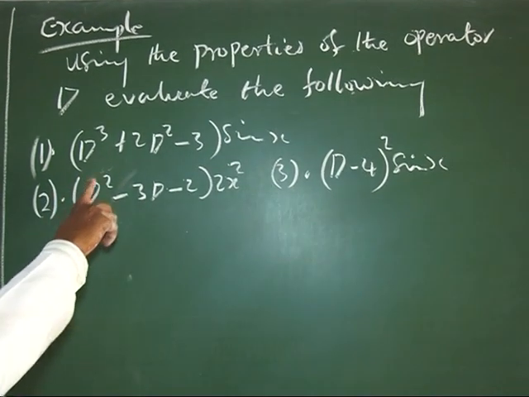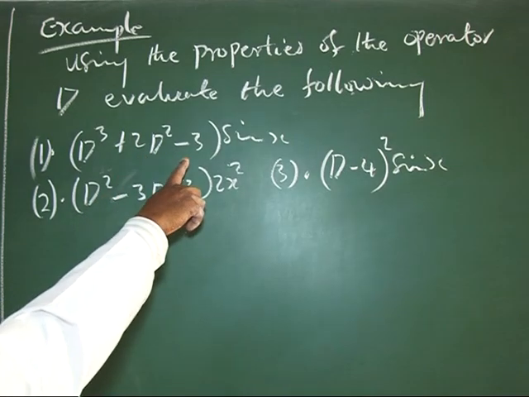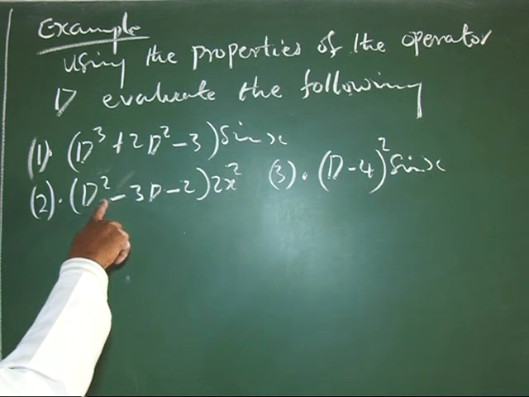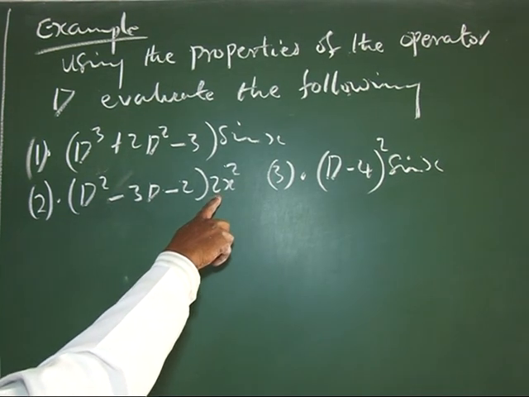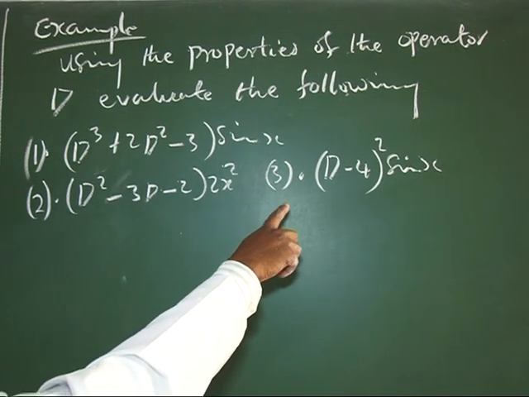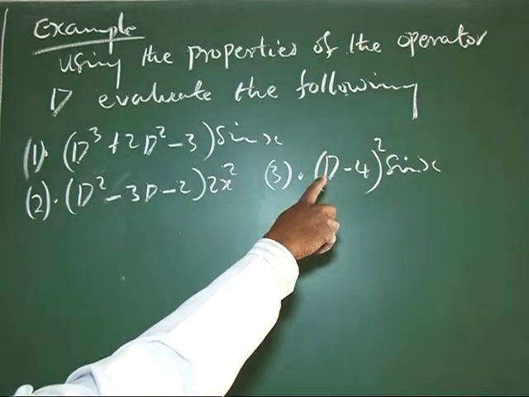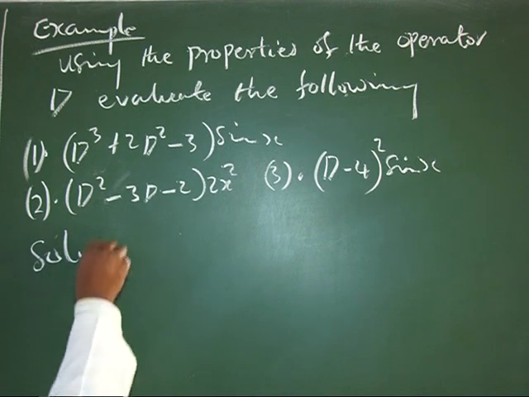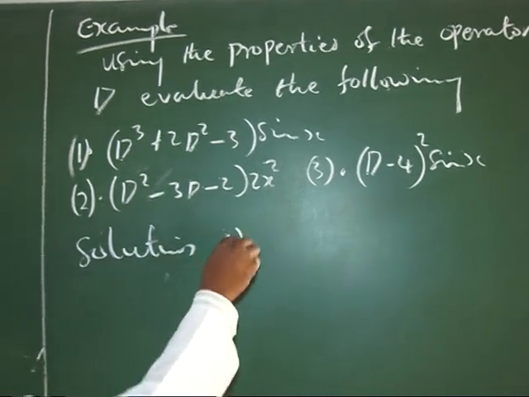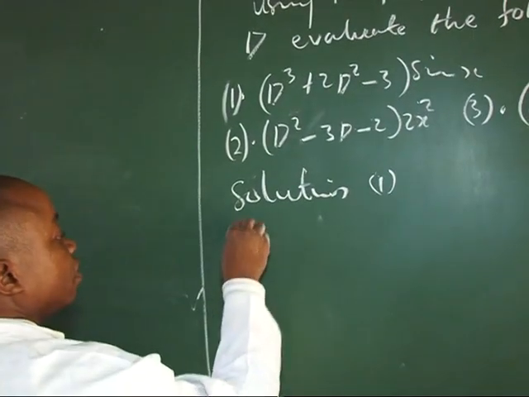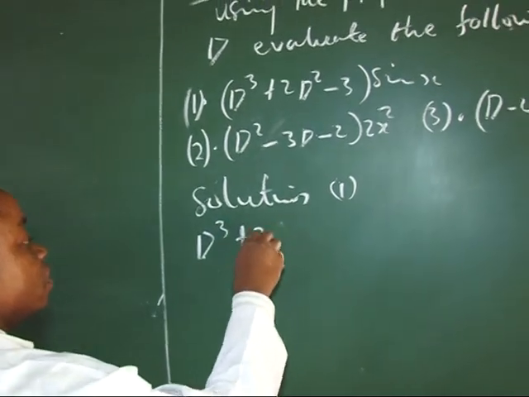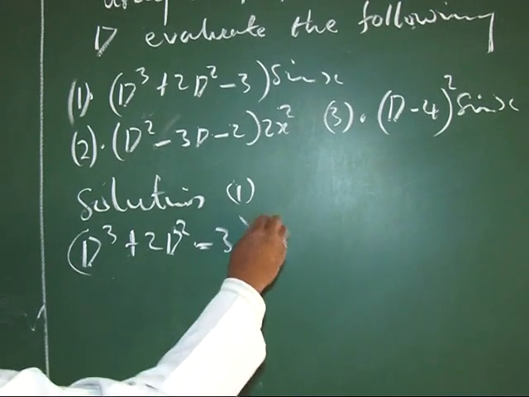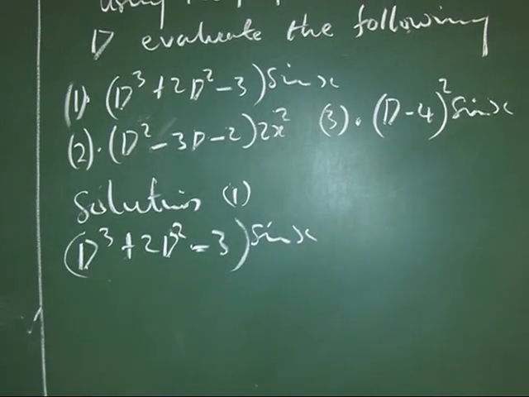1. (D cubed plus 2D squared minus 3) times sine x. And then 2 is (D squared minus 3D minus 2) times 2x squared. Then we also have (D minus 4) squared sine x. For 1, we have (D cubed plus 2D squared minus 3) sine x.